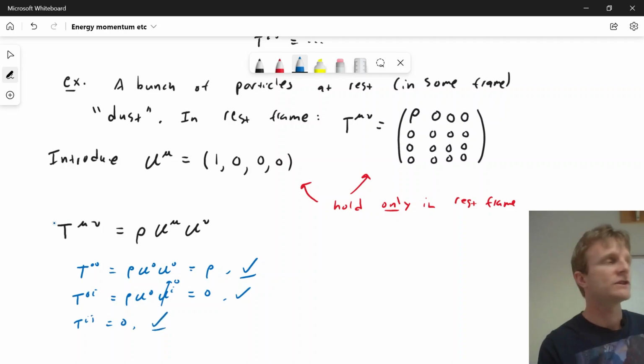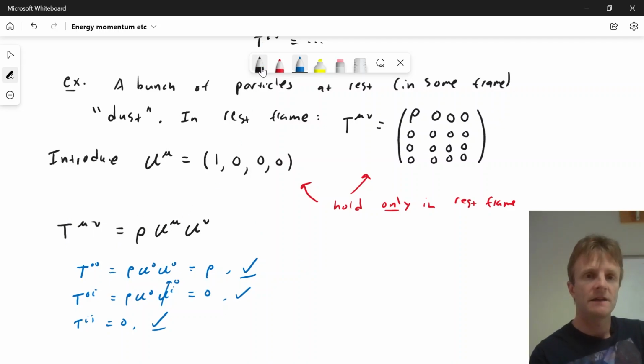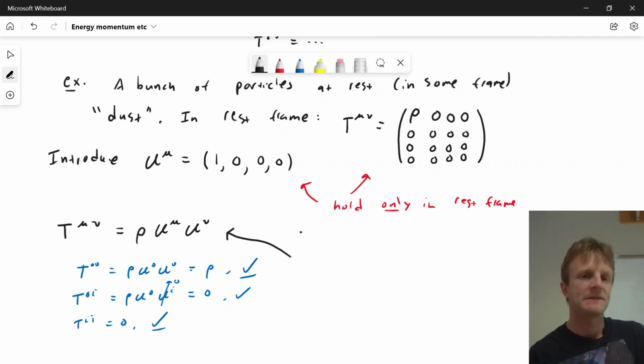So this equation here in black is literally the same equation as the one in the matrix, but this equation is tensorial. This equation follows the rules of tensor notation. It's got one upstairs index mu on the left and one upstairs index mu on the right. One upstairs index nu on the left, one upstairs index nu on the right.